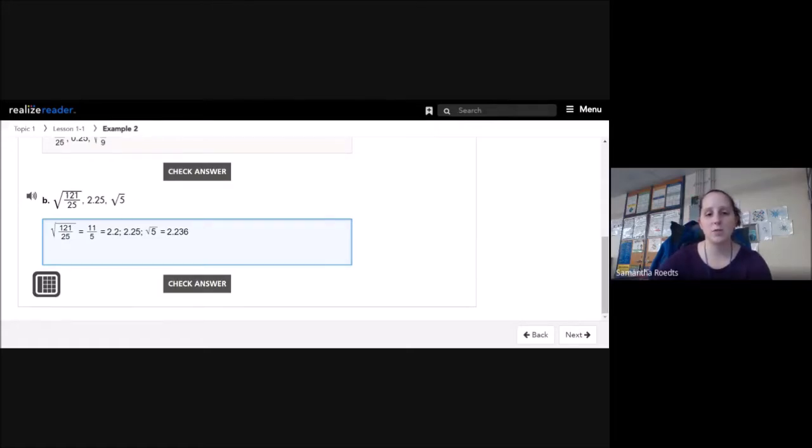So I have 2.20, 2.25, and 2.23. The smallest one is the square root of 121 over 25, that's 2.20, and then 2.23 is next, so the square root of 5, and then 2.25 is my last.